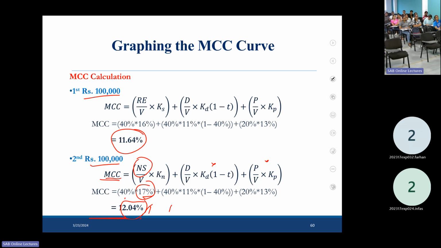So the project IRR should be compared with this MCC, the marginal cost of capital, because we are raising an additional 100,000 for this project, for this investment. So this investment IRR should be compared with the marginal cost of capital. These are the two concepts, MCC and the marginal cost of capital.